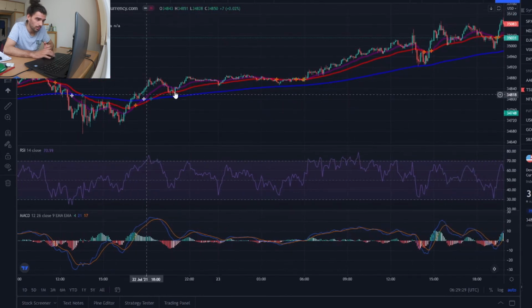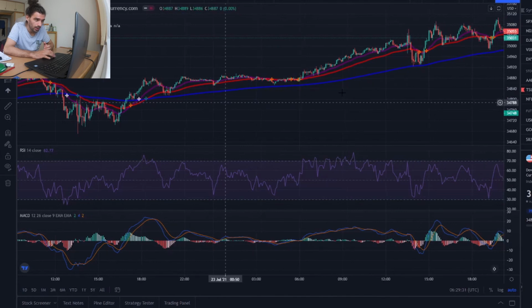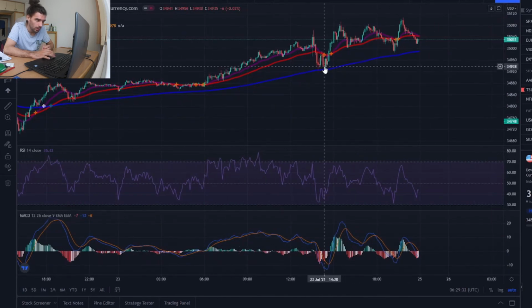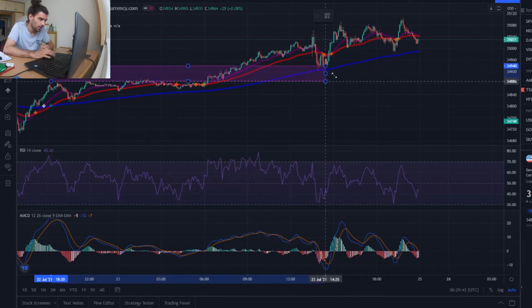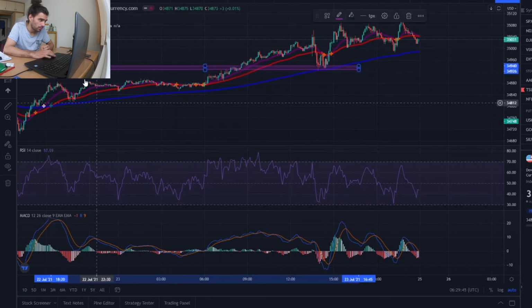turned to the bullish upside, and here we had a similar trade, but I don't know if I would have entered this one, because if you take a look at it and form a rectangle here, we were still pretty far away from this support or resistance level here, which I'm not quite sure if I would have entered here.